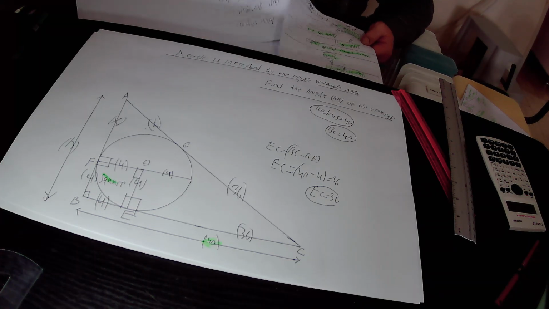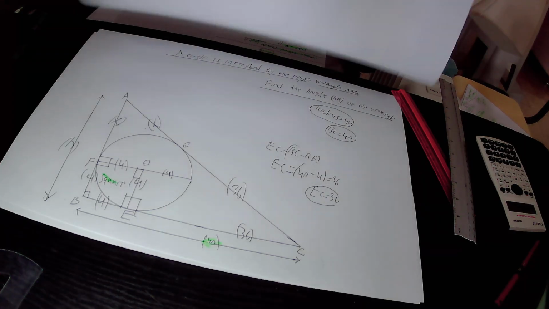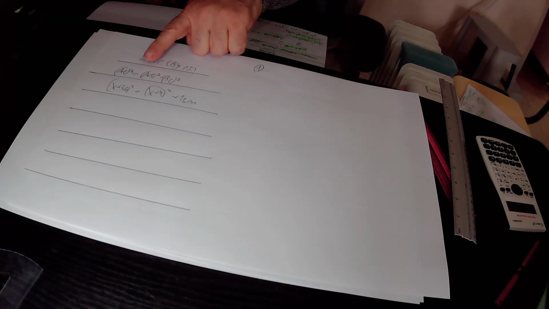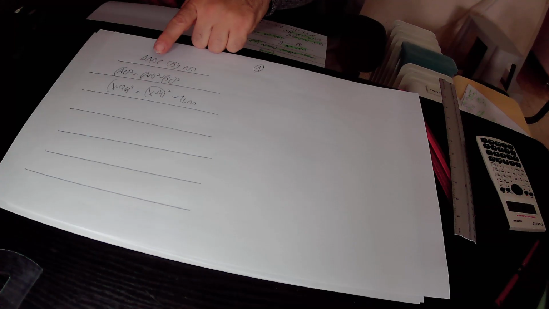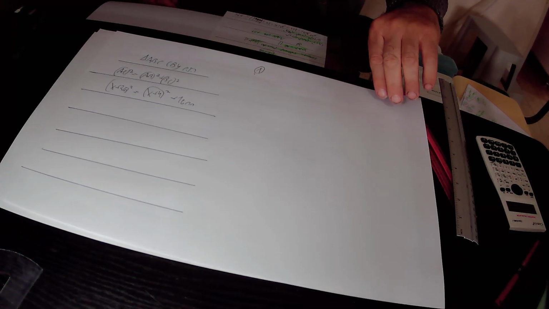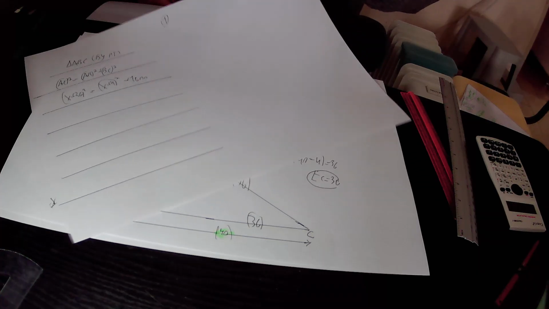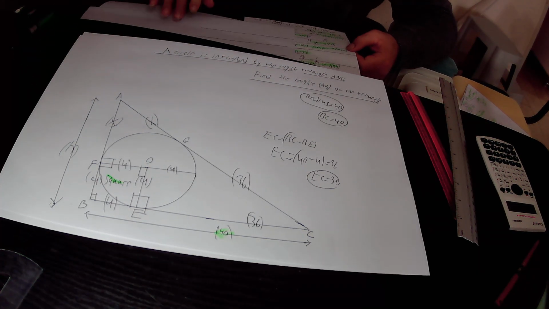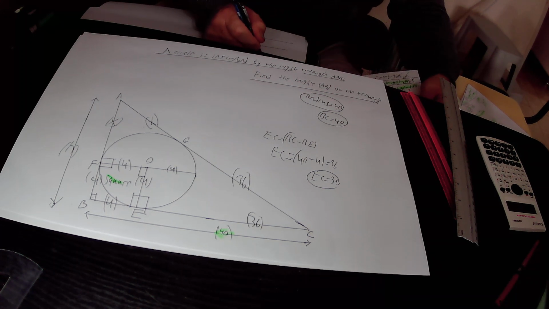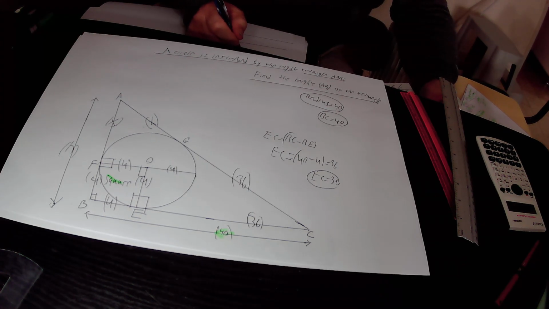So in total, we found that (x plus 36) squared equals (x plus 4) squared plus 1600. Here we will open the brackets on both sides of this equation. (x plus 36) squared equals x squared plus 36 squared, that is 1296, plus 2 times x times 36, that is 72x.